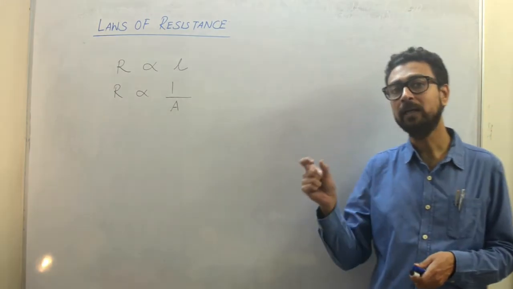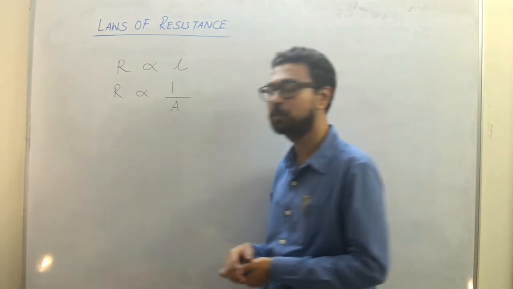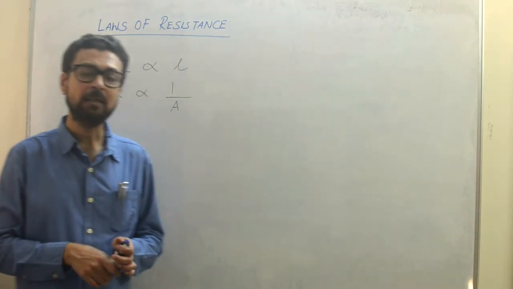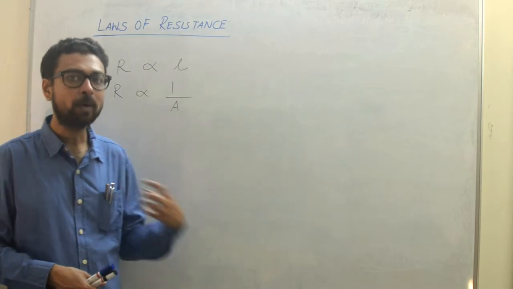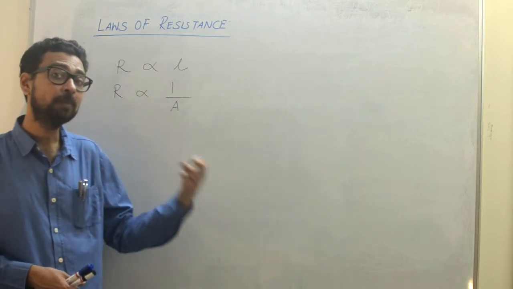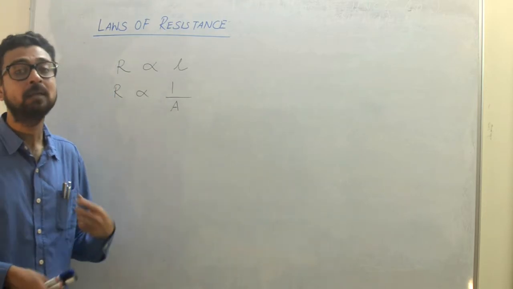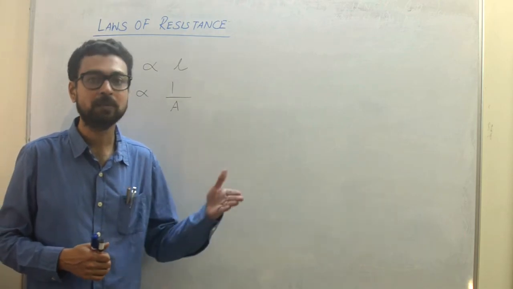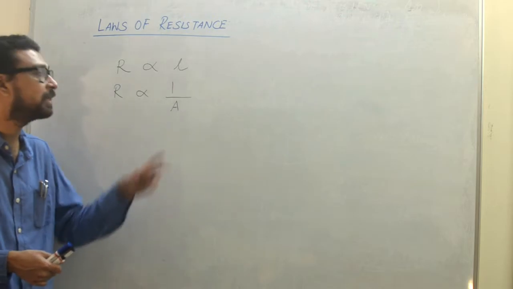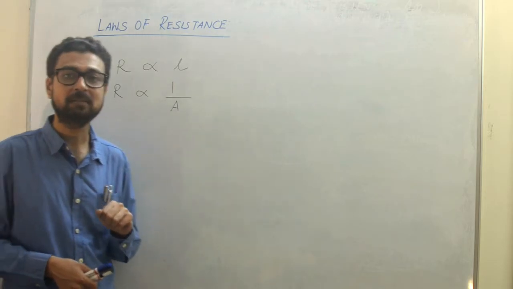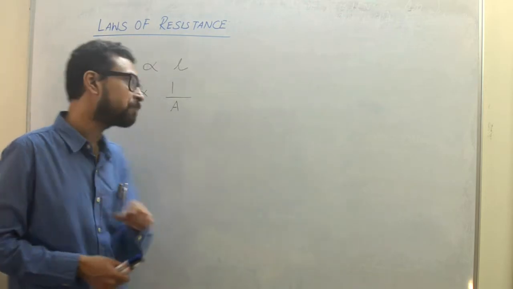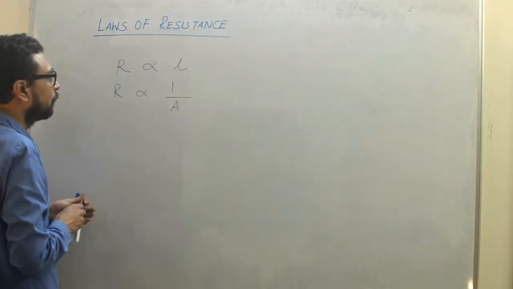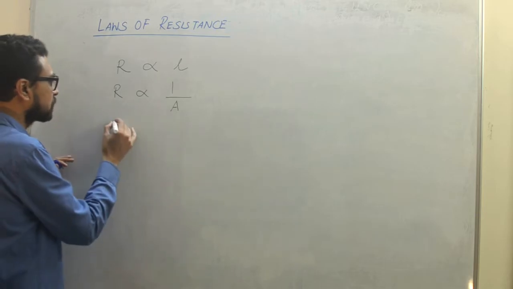You'll see the plug-in wires we use for these appliances are quite thick because they consume more current, and that is the reason why, if you want to pass more current through a conductor, it has to be thicker, because its resistance will be less. Okay, so knowing the consequences, we can now have these expressions together.